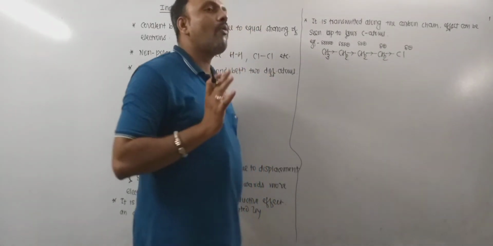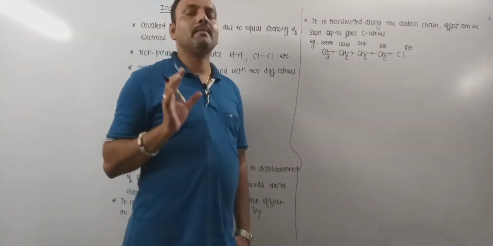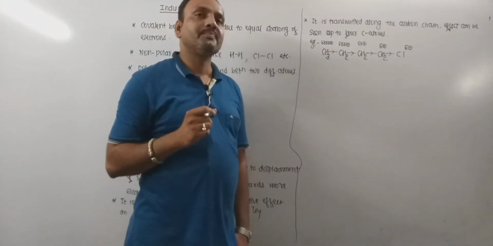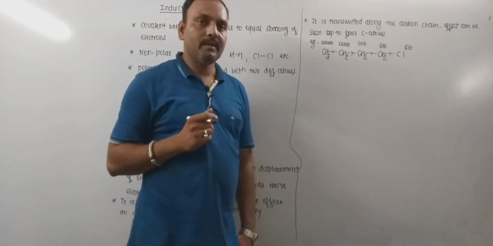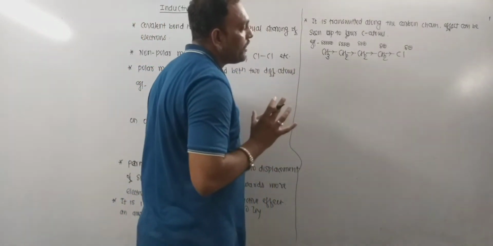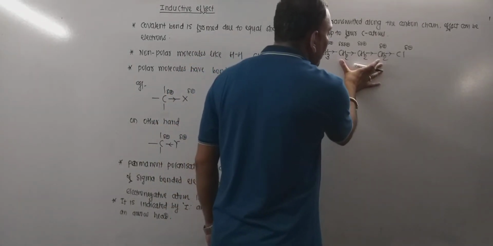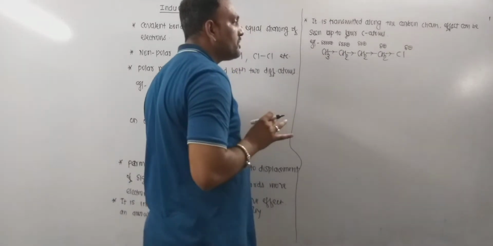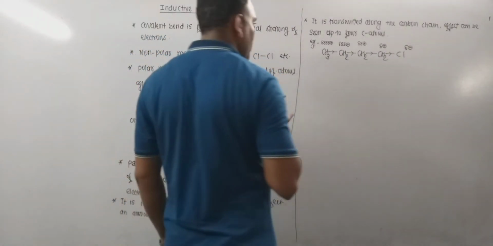Up to 4 carbon atoms maximum effect can be seen, and after 4 carbon atoms the effect cannot be observed, remember. So prominently one can say that up to 3 carbon atoms the inductive effect can be perceived. So this was the inductive effect.